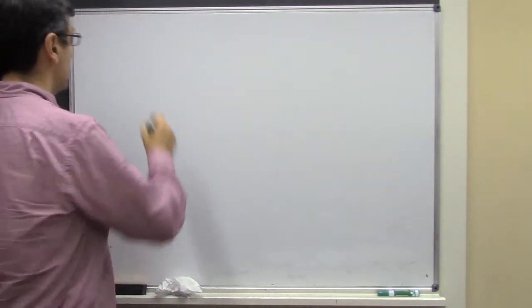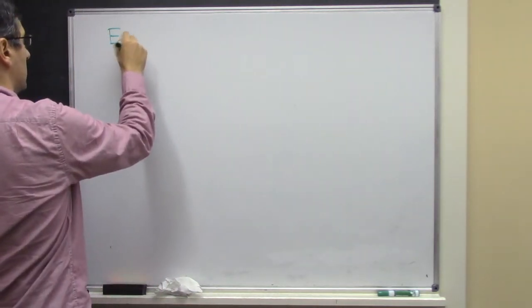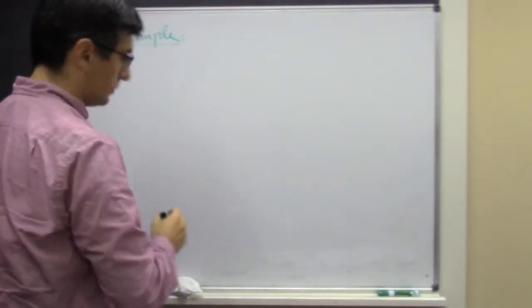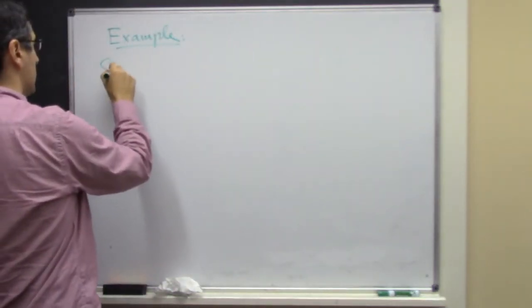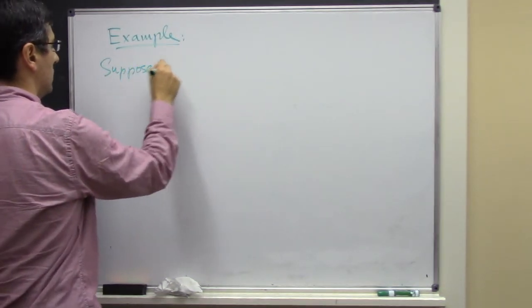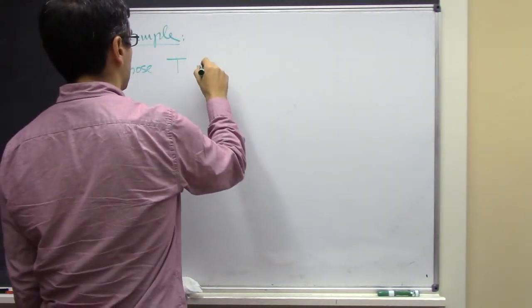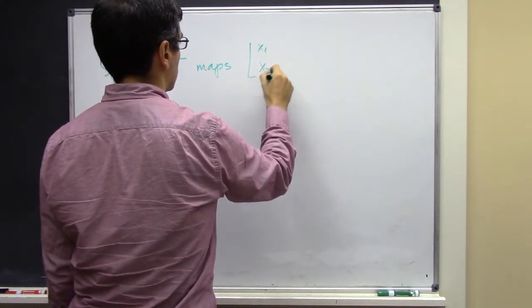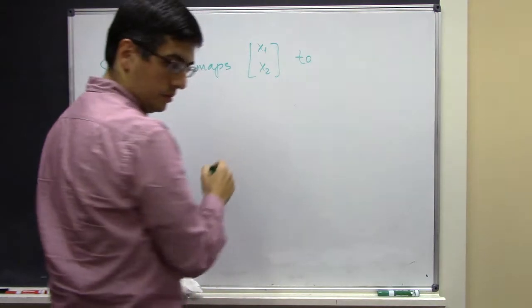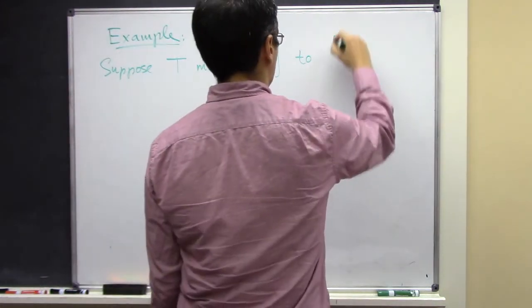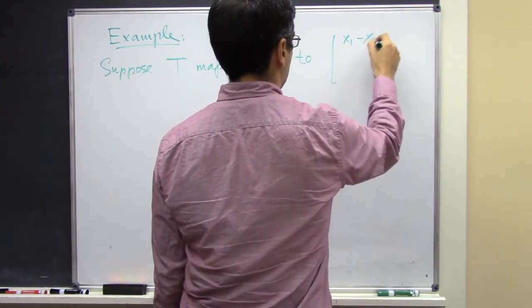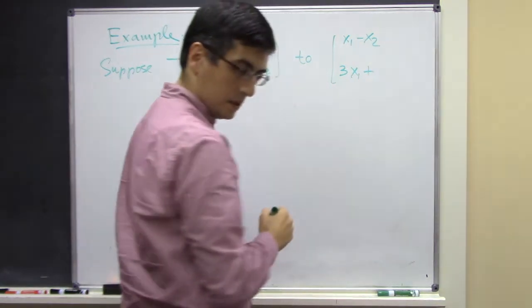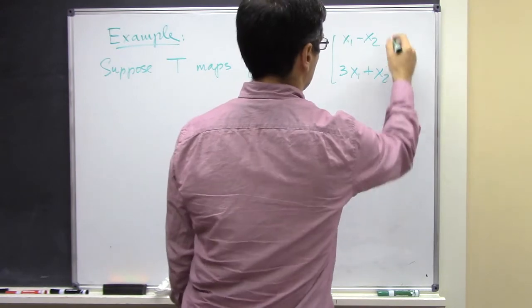So suppose, for example, T maps (x1, x2) to (x1 minus x2, 3x1 plus x2).